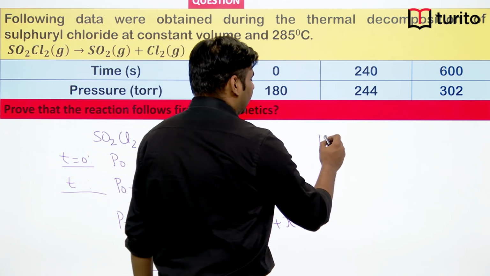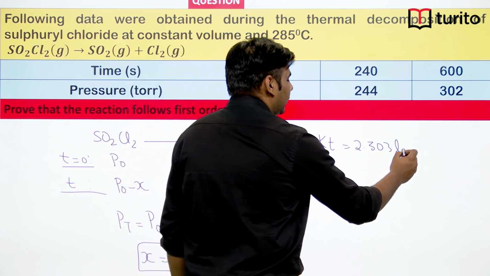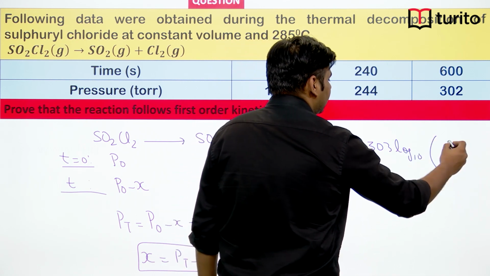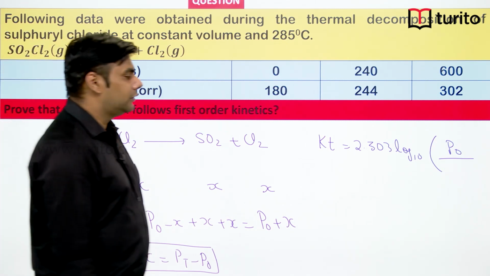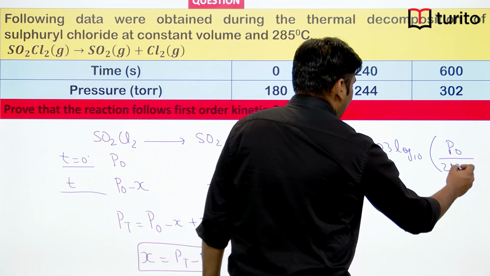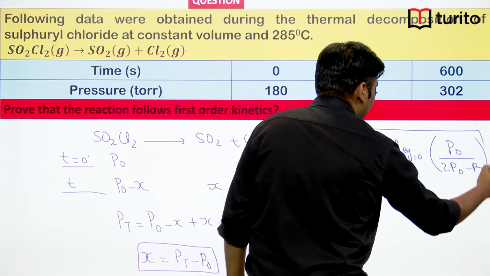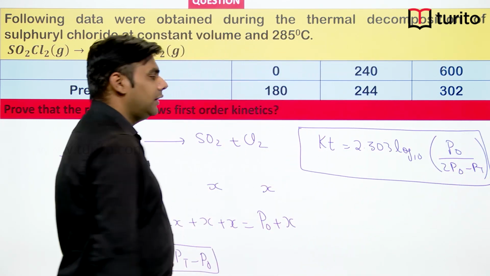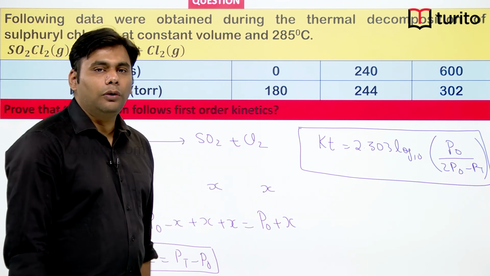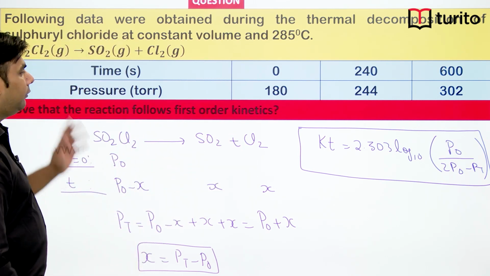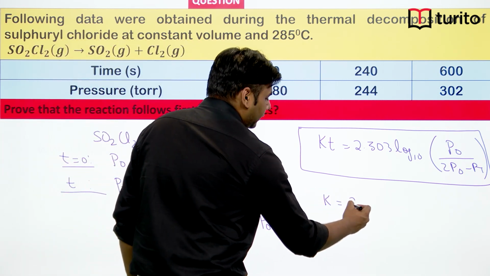So the expression of kt would come out to be 2.303 log base 10. Initially it was P naught, okay, and finally it was 2 P naught minus PT. Okay, so this is the first order kinetics equation for this reaction in terms of initial pressure P naught and the total pressure PT. Now at time t equals 240, we can calculate the value of k.